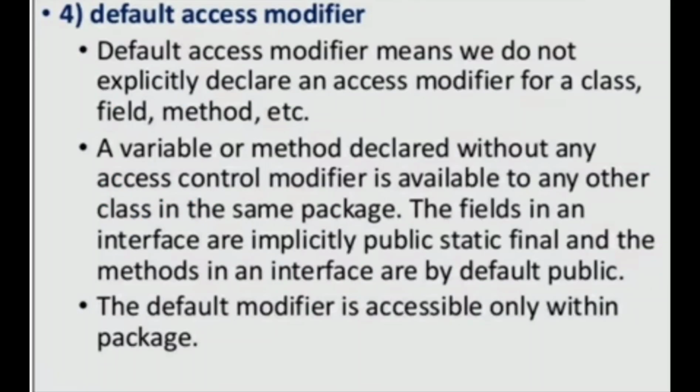And then coming to the default access modifier. It's very simple. Default access modifier means we do not explicitly declare an access modifier for a class, field, method, etc. A variable or method declared without any access control modifier is available to any other class in the same package.